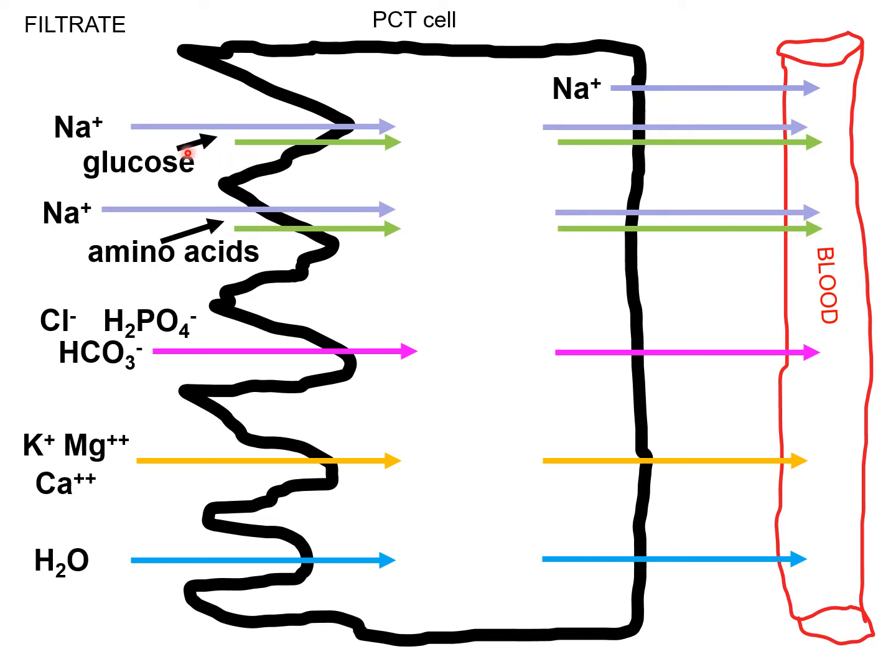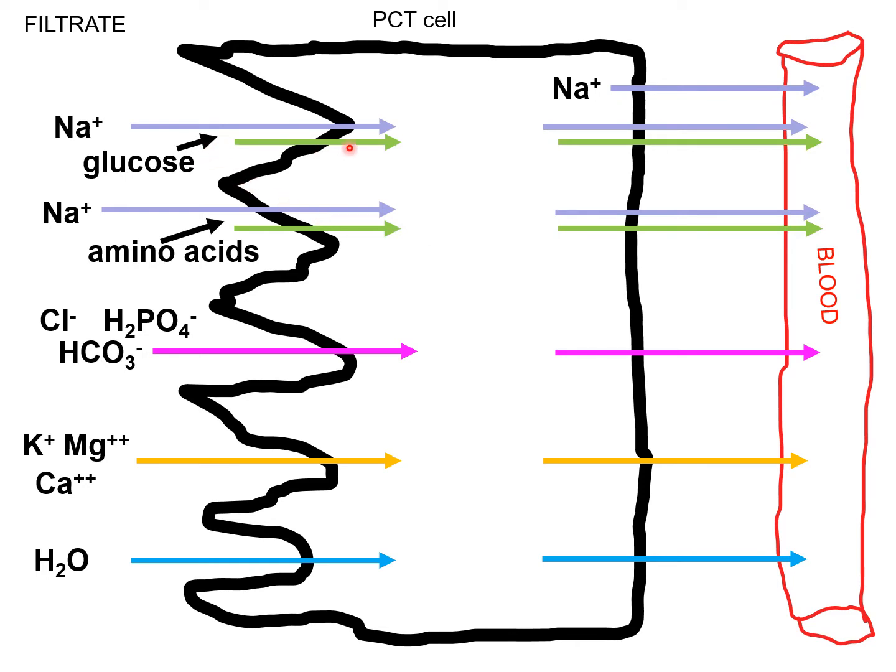This is the way our organic nutrients are reabsorbed here. Remember, in these proximal convoluted cells, we reabsorb 100% of glucose, 100% of amino acids. The symporters represent secondary active transport. As you see, both sodium and glucose and amino acids will be diffusing into the blood after they enter the cell.